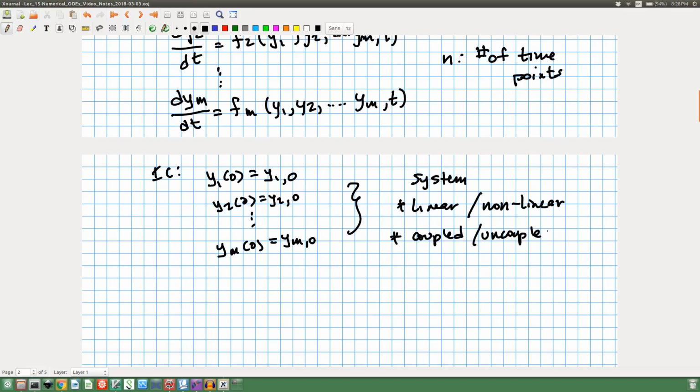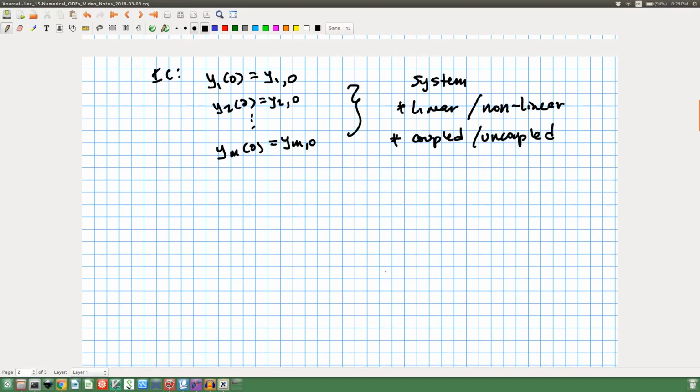Just to remind ourselves what that meant, linear has a precise definition, and we won't spend the time to go over that, but essentially it's something where we don't have things like y squared or natural log y or y1 times y2. These are all nonlinear terms.